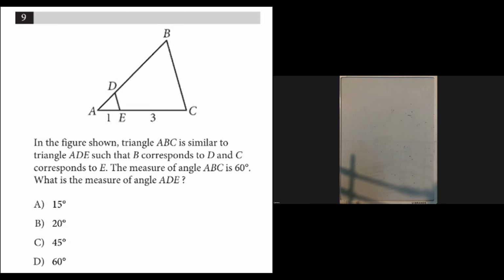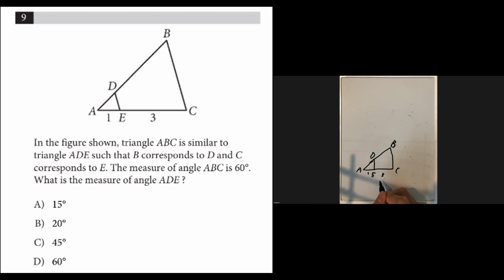Okay, so for this one, we have two triangles. And we have A, D, E, and we have B here and C here. And we're given, this is 1, this is 3. Okay, and we're given that they are similar triangles.